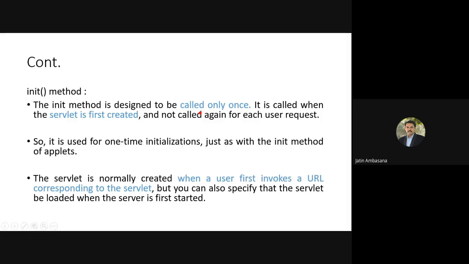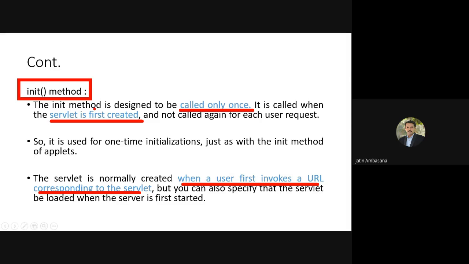So we have seen that the init method is called only once, when the servlet is first created. When is it executed? When a user first invokes a URL corresponding to the servlet. Once the servlet is loaded and the first request comes for it, normally the init method gets executed.